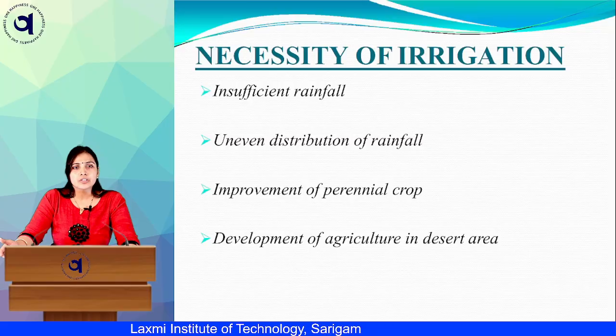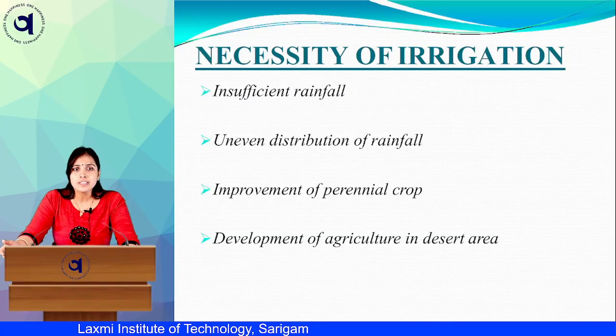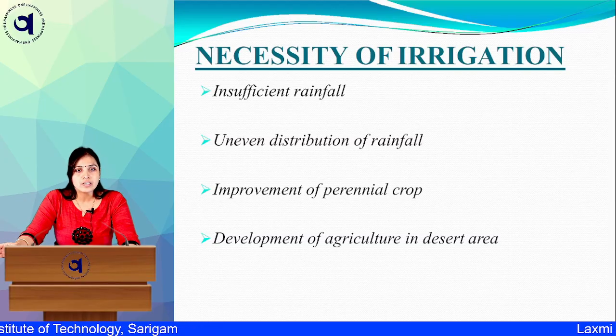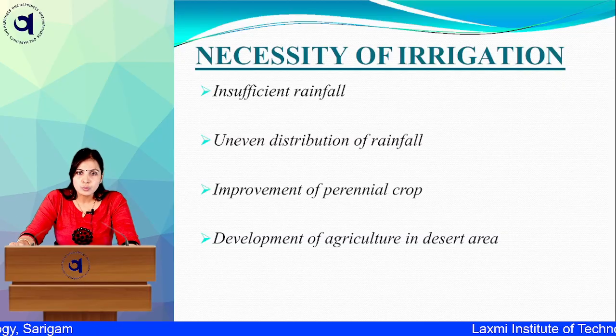Development of agriculture in desert areas: even in the desert, with the help of irrigation, you can develop agriculture. For example, in Gujarat itself we have the example of Sardar Sarovar Dam. We have constructed the canal from the dam, and we are supplying water to the Saurashtra region and Kutch region to develop agriculture and landscape over there.